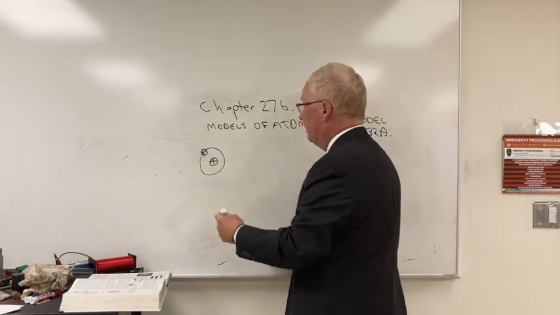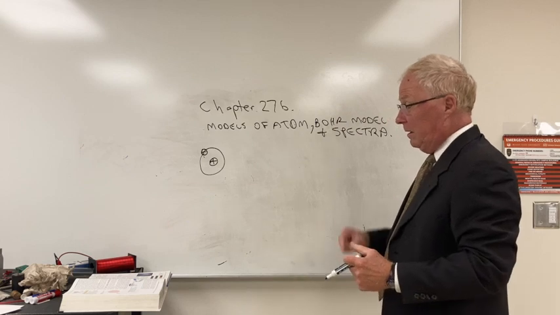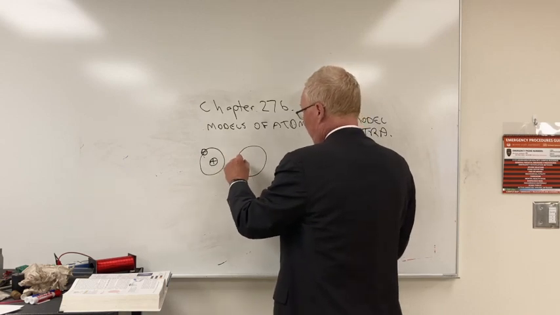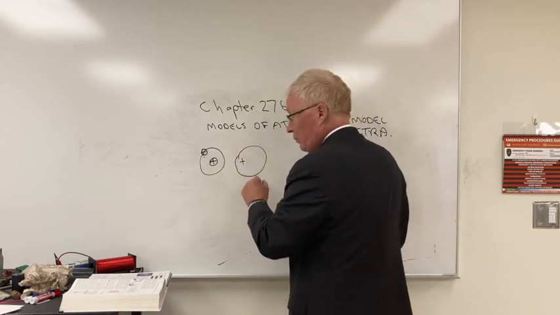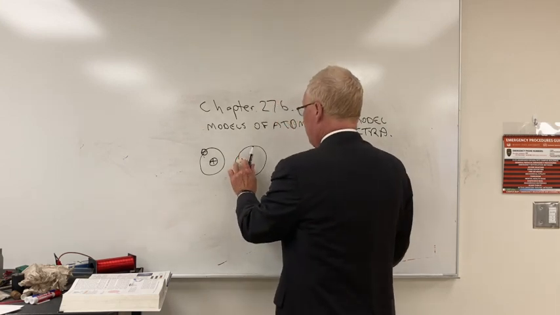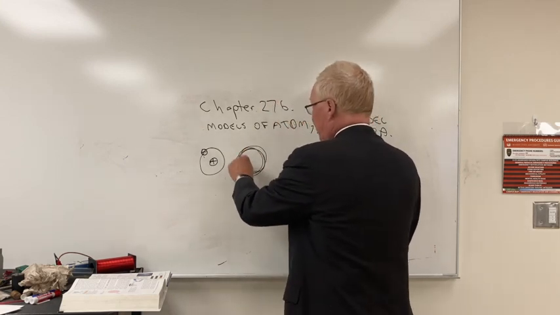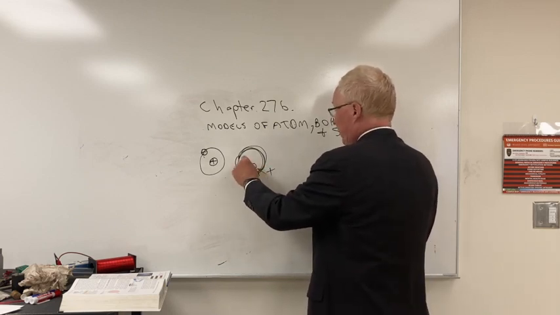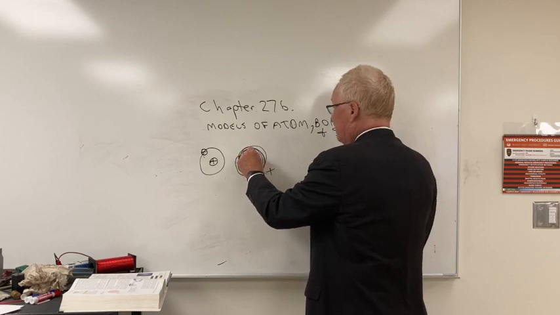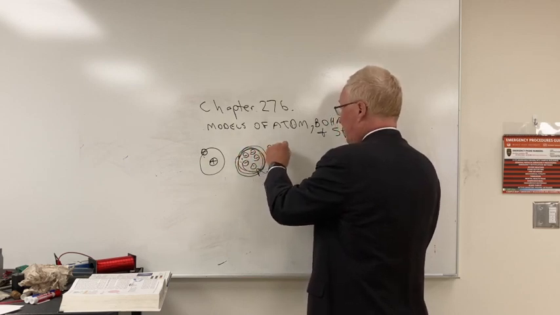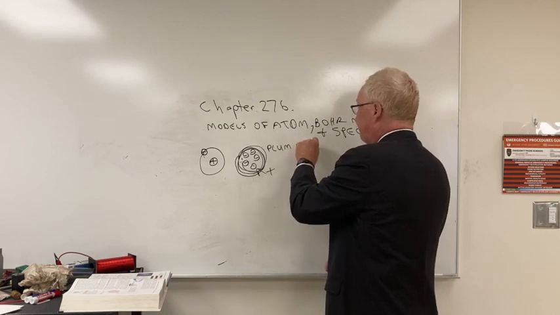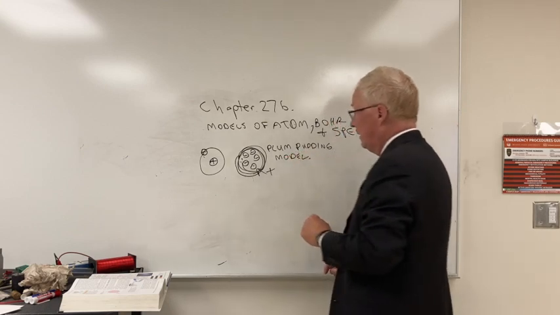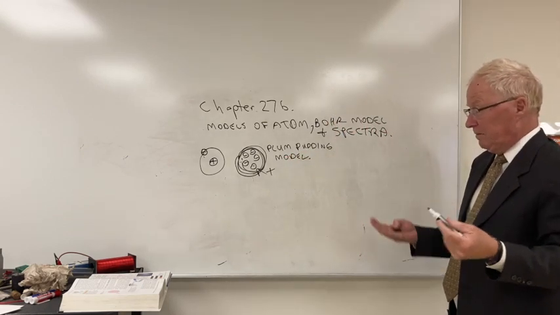The other early model of the atom for higher ones was what they called the plum pudding model, which was this kind of large mass of positive charge intermixed with negative charges like little raisins. And that's what stood around for a long time.